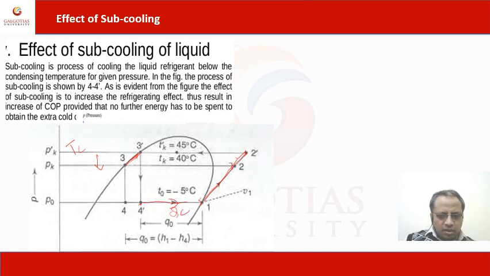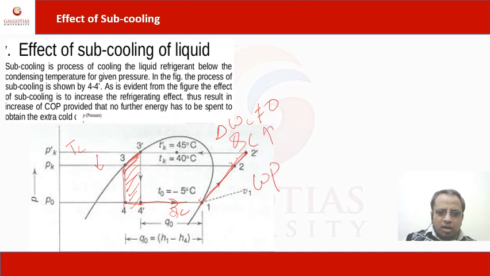Now when we decrease the temperature of the refrigerant after the condenser, here we can get this additional cooling effect. So we can say there is no change in compression work. There is no additional compression work here, and we are increasing the cooling effect also.